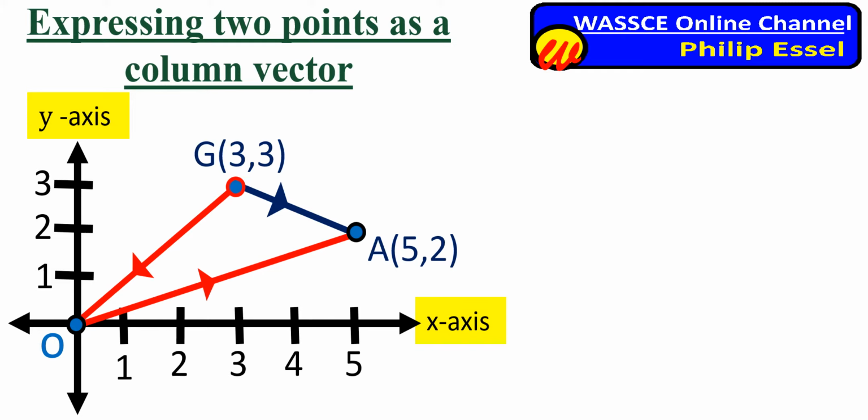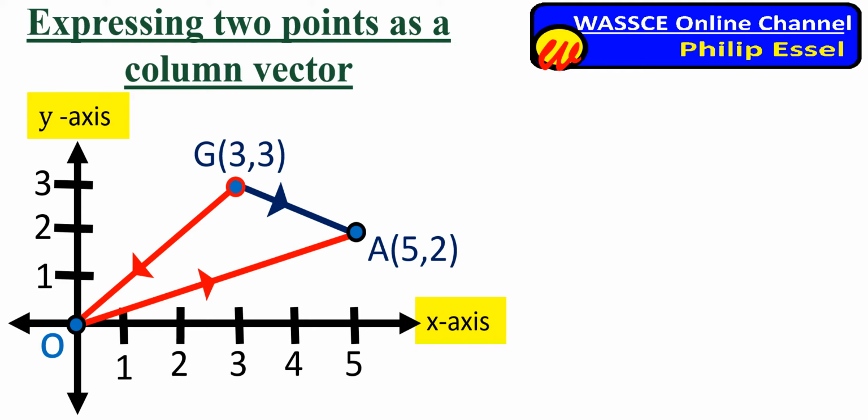So we have come up with two ways by which we can go to town A when we are standing at town G. The first way is by moving straight from town G to town A. You follow the blue road. The second way is by using the red road.